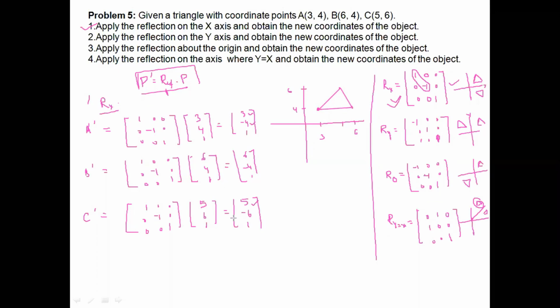Now we will draw the new coordinates. The new coordinates are a dash is 3 comma minus 4, so 3 is this, and let's say this is minus 4, and this is minus 6.